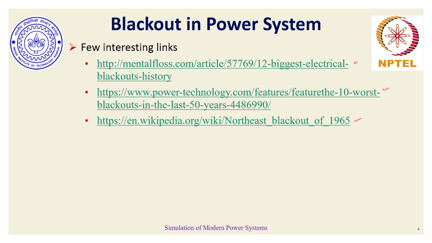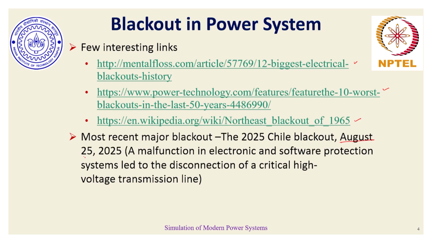The most recent major blackout happened on August 25, 2025, where the country Chile had its entire power network out. Again, the reason was that one of the protection systems malfunctioned because of electronic switching or incorrect setting, due to which a high voltage transmission line became non-operational.